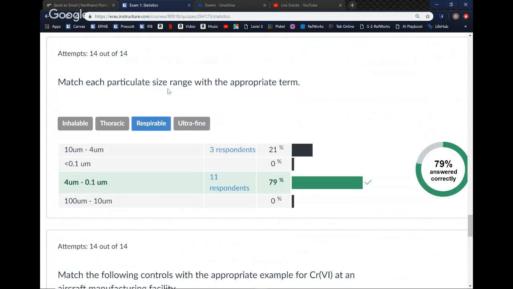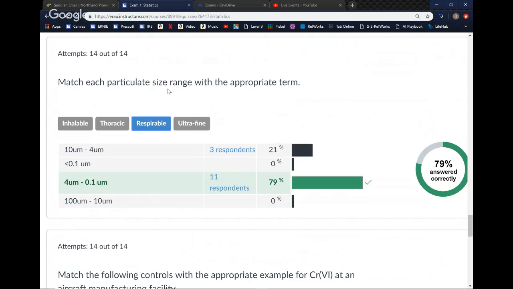What does OSHA say for respirable as well as thoracic? Because this one's actually 6 to 4, something like that. It's in between. That's interesting that they say that.